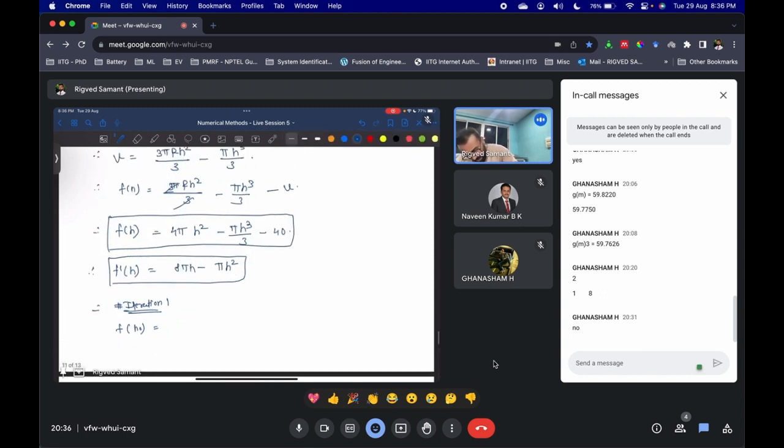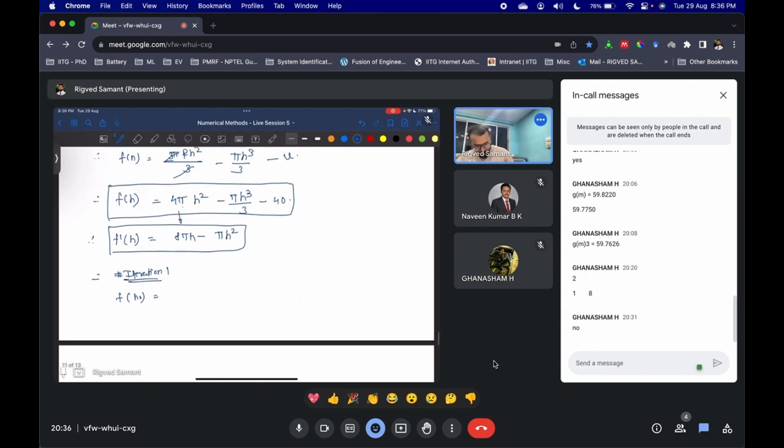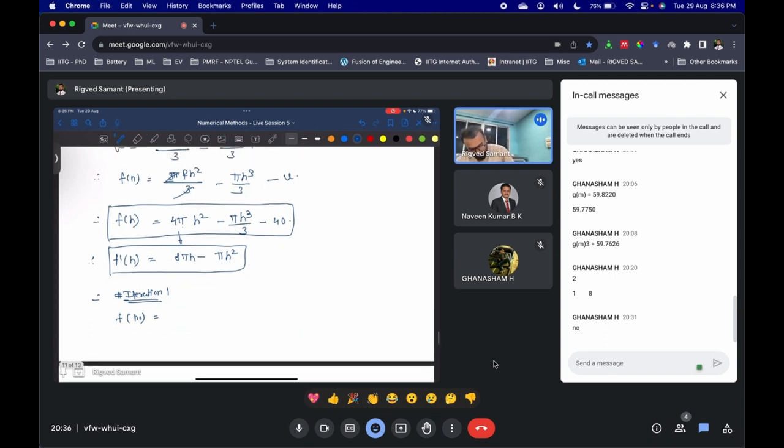I had put the value of r here, then I got this value and took its derivative to get this value. So f of h0 is equal to f of 1, so 4 pi minus pi by 3 minus 40, and f dash of h0 is f dash of 1, 8 pi minus pi. So whatever value you get, what's the value?